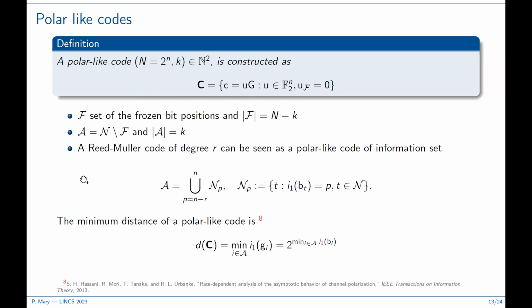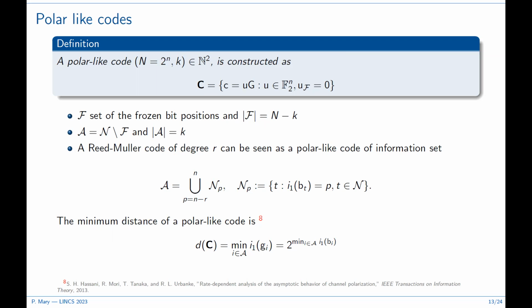And an important thing is that the Reed-Muller code of degree R can be seen as a polar code, where the information set has this particular form. So this is the union of a set, and this set, NP, is a set of indices whose Hamming weights of the binary representation of this index are equal to P.